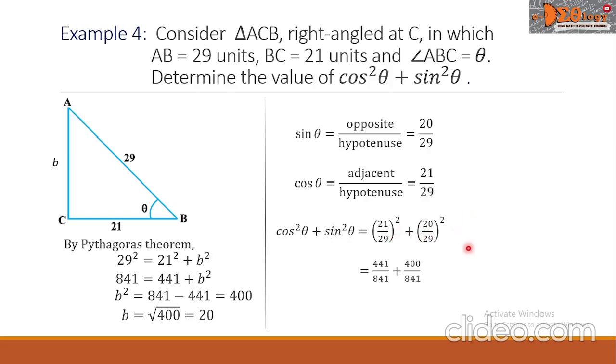When we simplify the squares, we have 441 over 841 plus 400 over 841. When we add these like fractions, we have 841 over 841, which is equal to 1. This is the final answer.